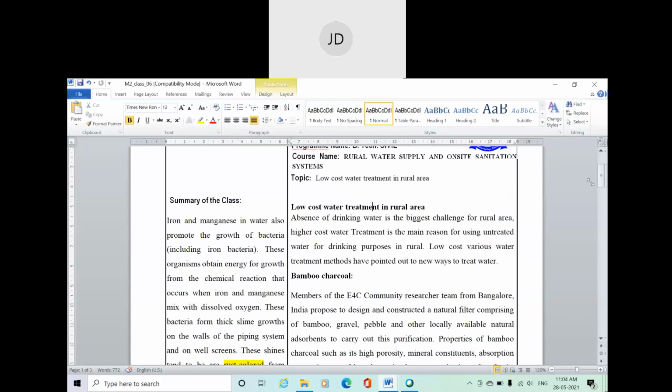How can we go about removing the impurities? Different locally available approaches can be adopted for purifying water. First and foremost, it must give good quality water, and it must also be cost effective. Both things have to be maintained when it comes to water treatment in rural areas.